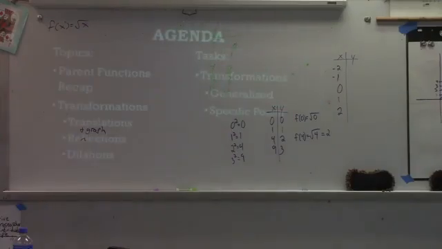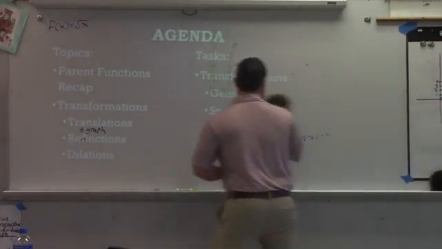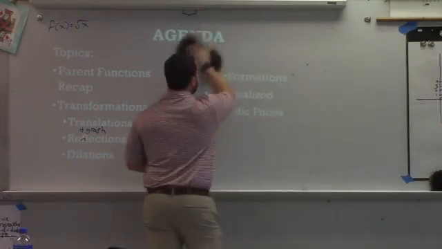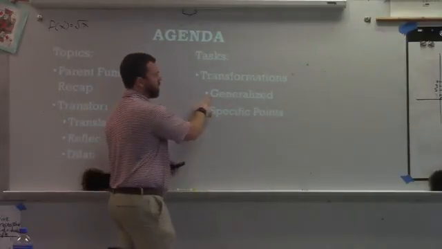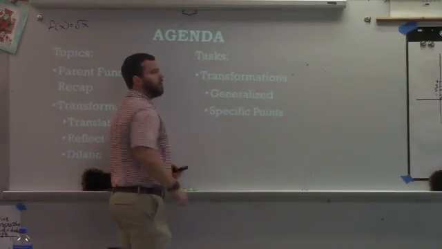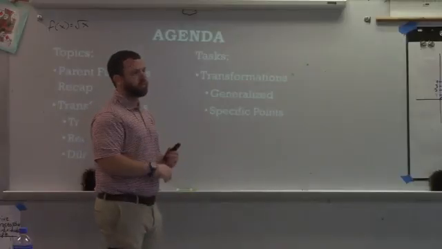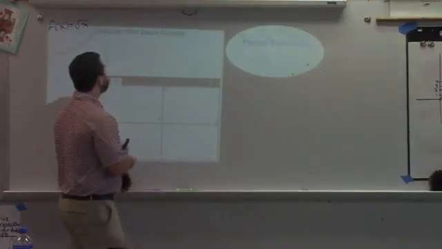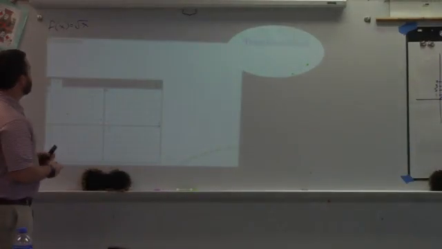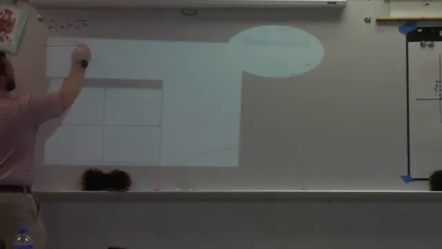All right, so we did that parent functions recap. At this point, we have transformations, and we're going to finalize some details from yesterday, and then get a little bit deeper into these ideas. So first things first, generalized transformations, understanding them, but then how it directly, specifically affects things. So yesterday, what was the conjecture about translations?